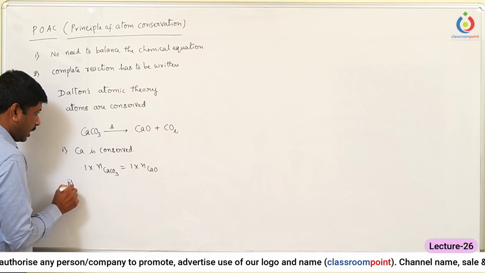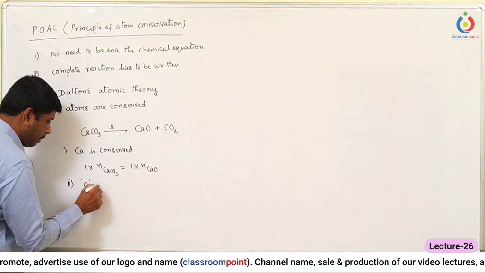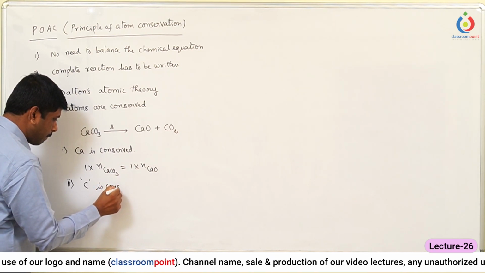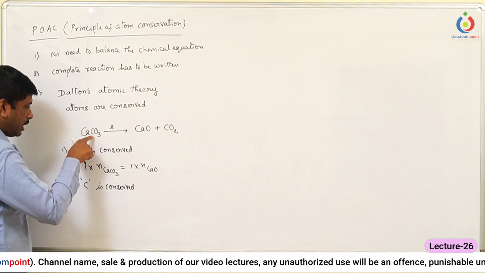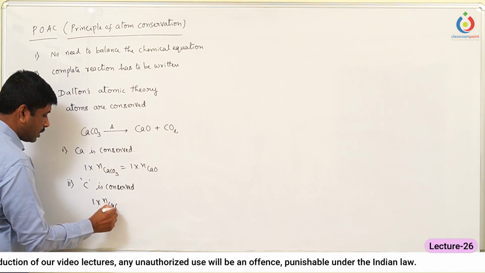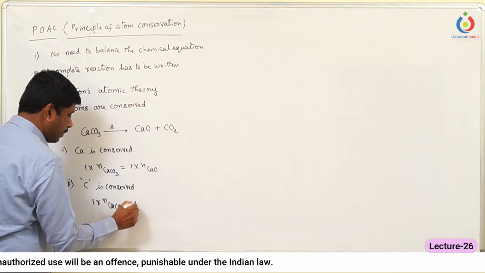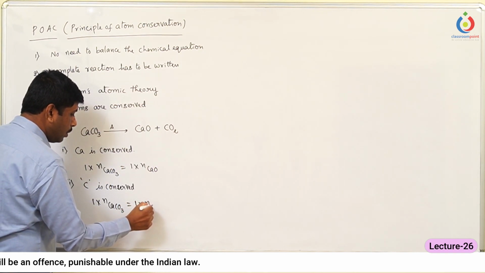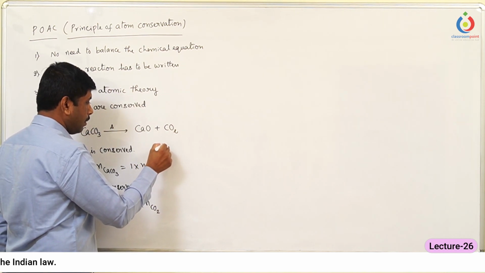Now what happens if carbon is conserved? If carbon is conserved, here one carbon atom is there. So 1 into number of moles of calcium carbonate is equal to 1 into number of moles of carbon dioxide.